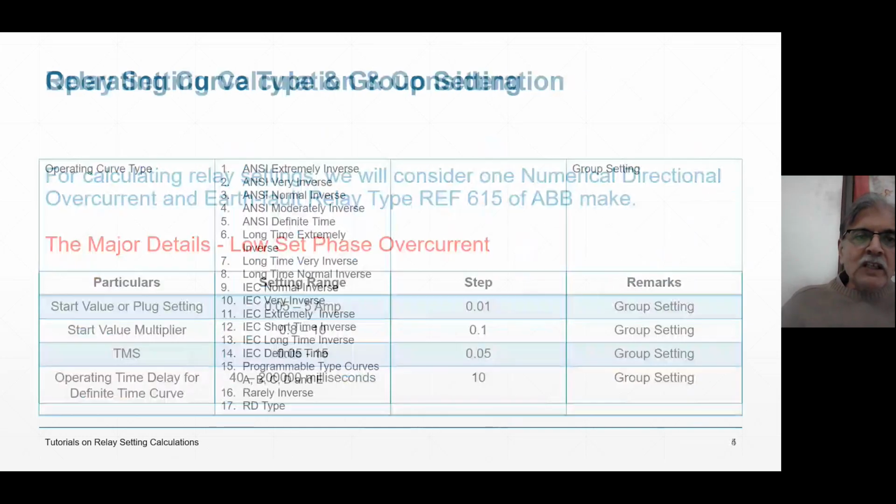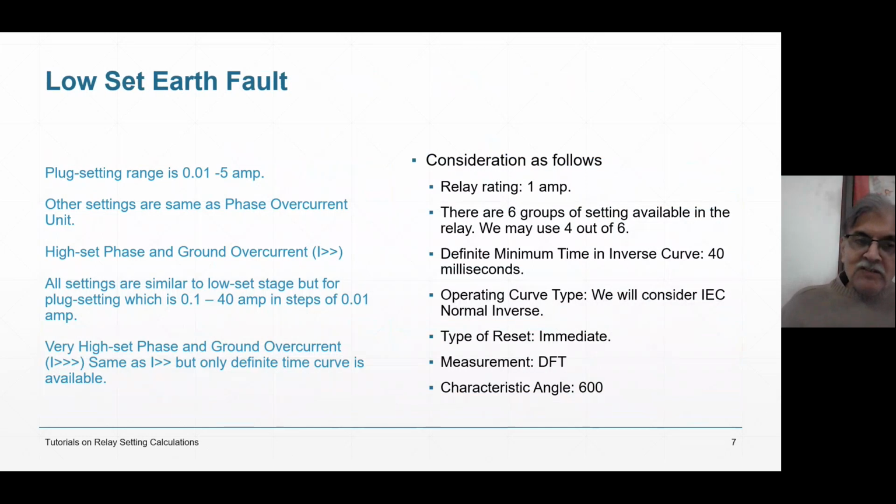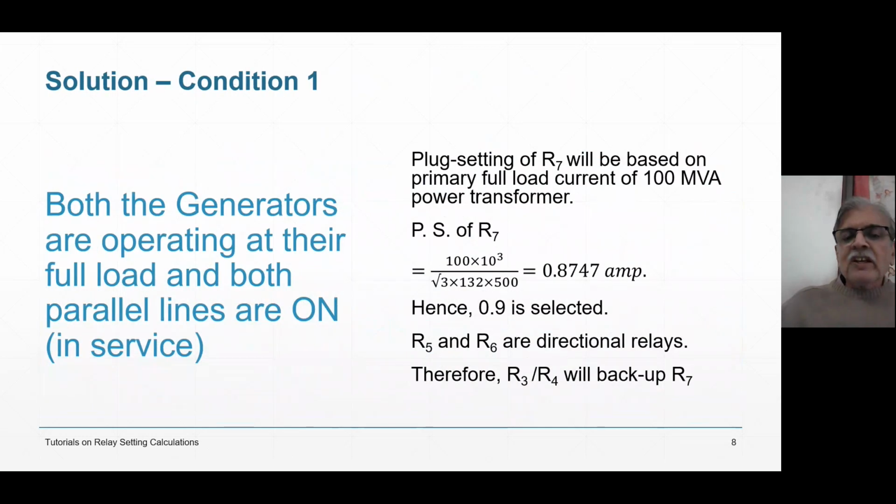So possibility number 1 is this, that both the generators are operating at their full load and both parallel lines are in service. Plug setting of R7 will be based on the primary full load current of the 100 MVA power transformer. That is very obvious.